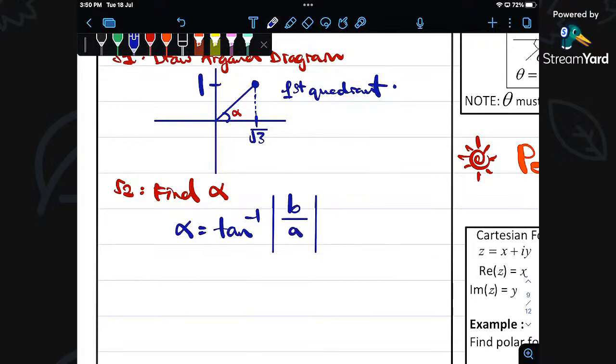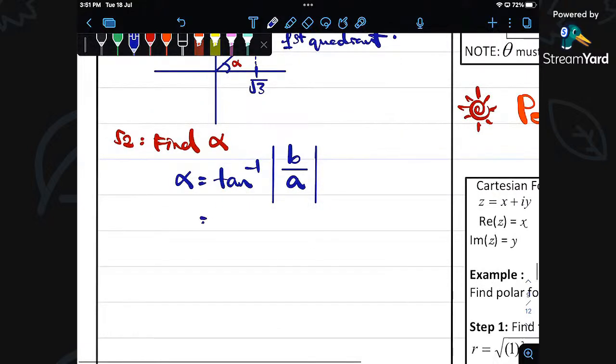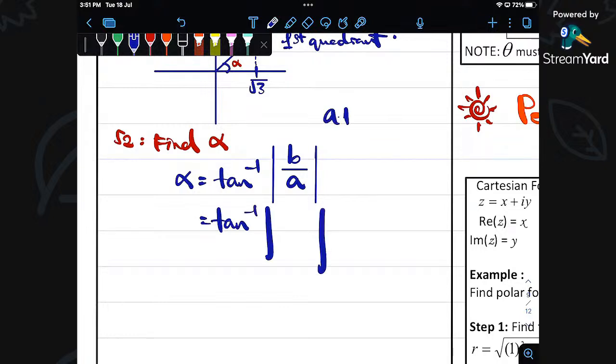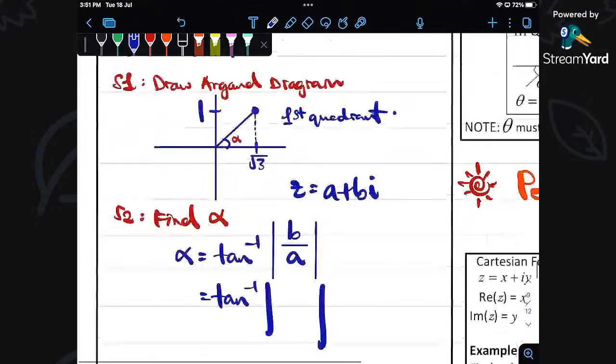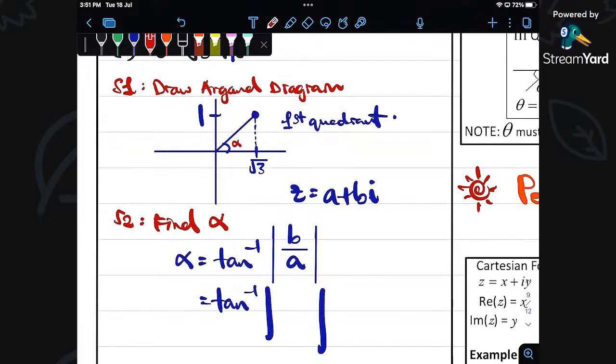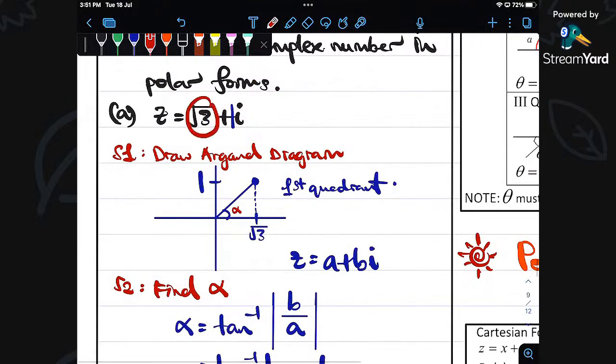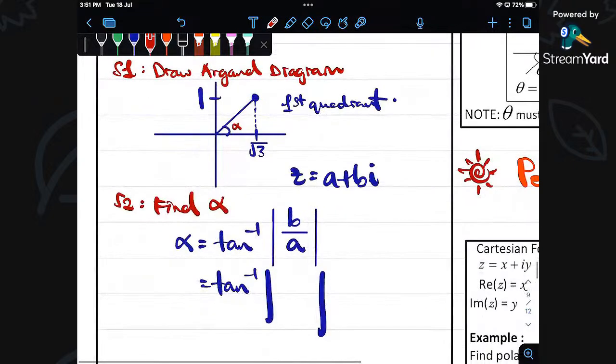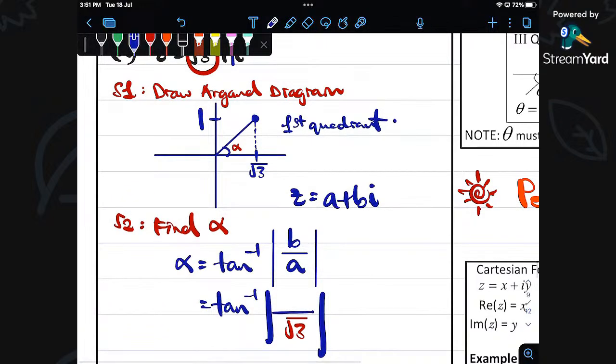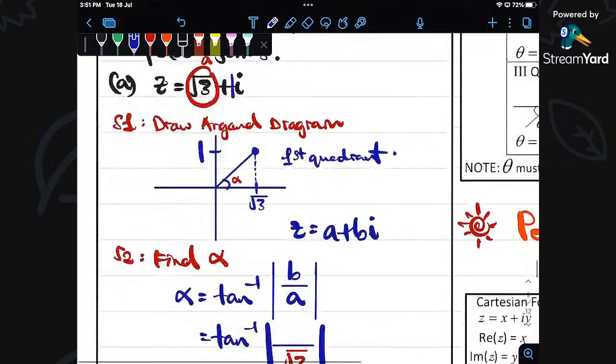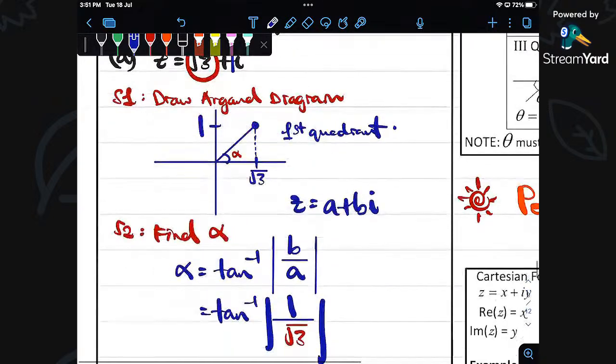Alright, so your B over A is actually from the A plus B i, the conjugate lah. So your conjugate here, your A is square root of 3. And then your B here is what? B here nilainya 1.